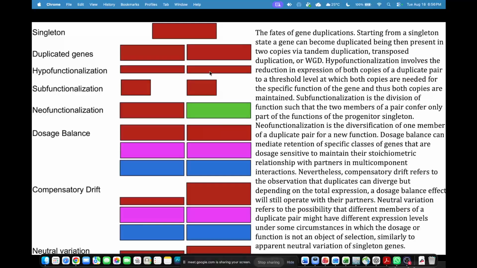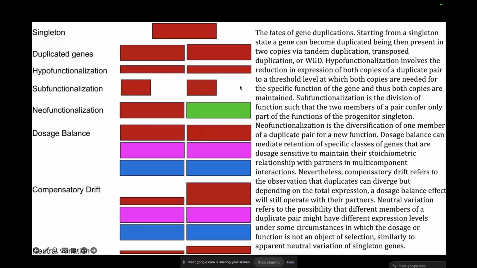In hyperfunctionalization, it will reduce the expression of both the copies, right? I don't know if you're aware of X-linked inactivation in human females. Human males have one copy of X, one copy of Y, and human females have two copies of X. Now, the gene expression of the genes of the X chromosome in males, because there is one copy, would be lower compared to two copies in females.